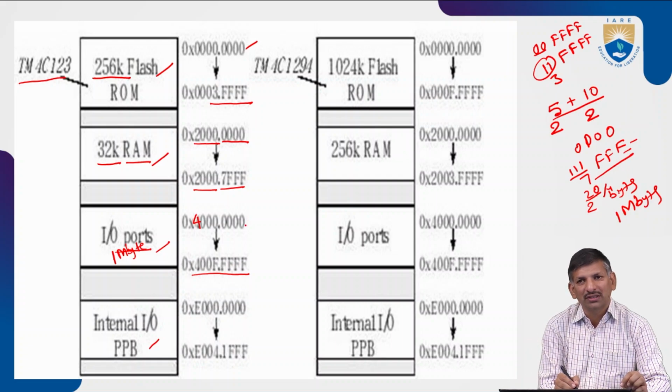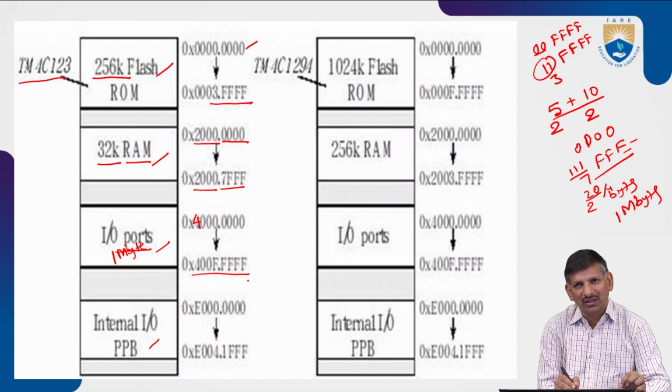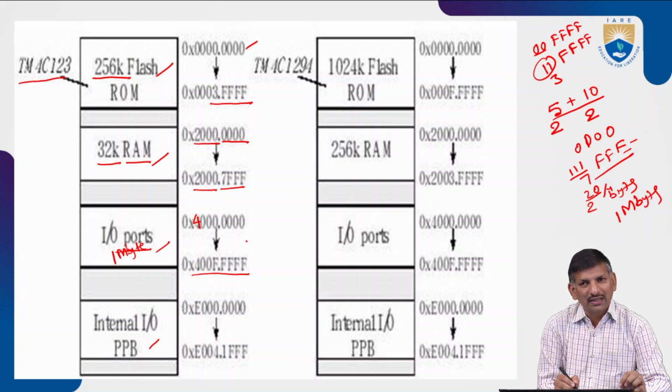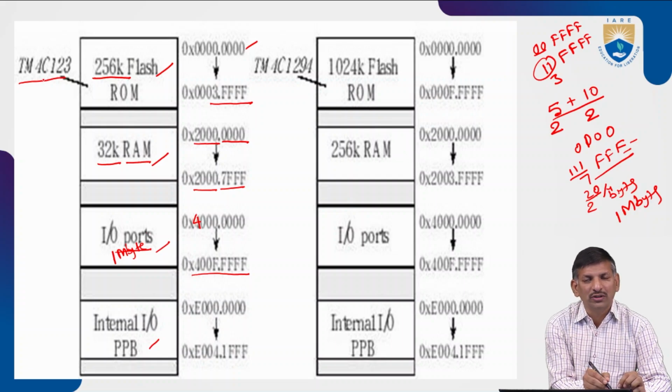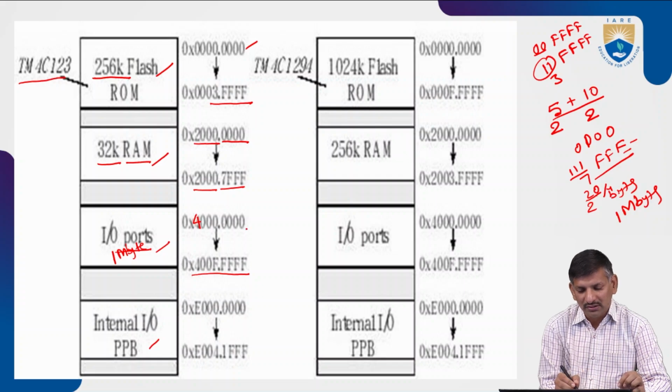So minimum value is 20 zeros, maximum value is 20 ones. 20 ones means 5 Fs. So the address assigned for IO ports in the TM4C123GH6PM microcontroller is 40000000 to 400FFFFF.